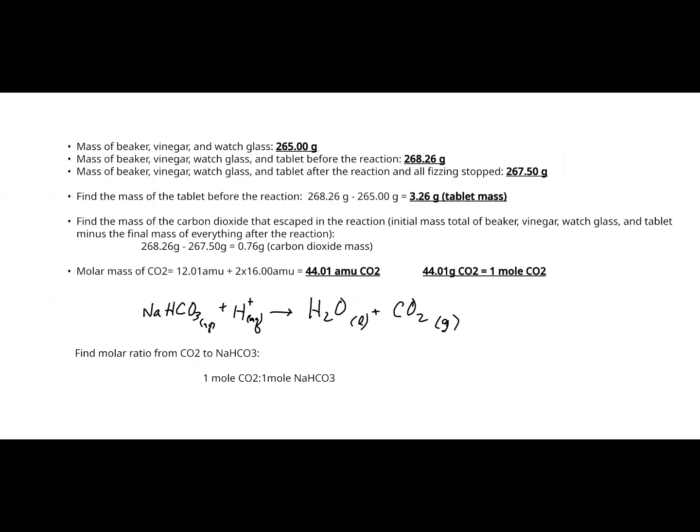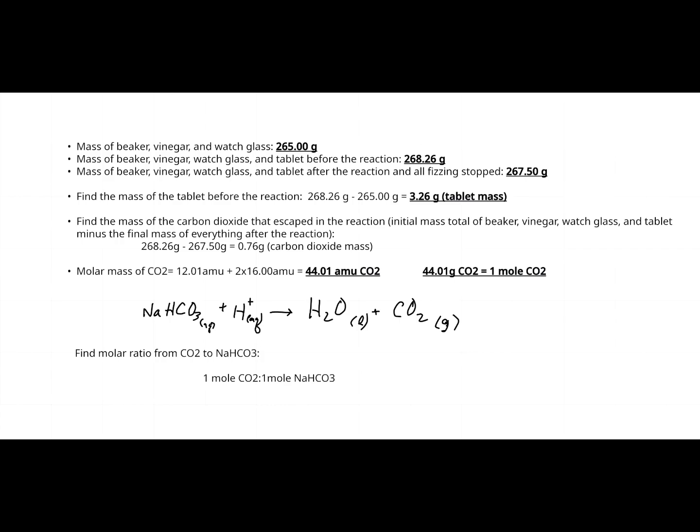Okay, so that's cool. But how is that going to help me find the amount of sodium bicarbonate in the Alka-Seltzer tablet? So what we're going to do next is convert, because we can't just take the amount in the tablet before the reaction and try to calculate how much sodium bicarbonate was in it, because we know that the loss of the carbon dioxide was measurable, because we were able to measure that.